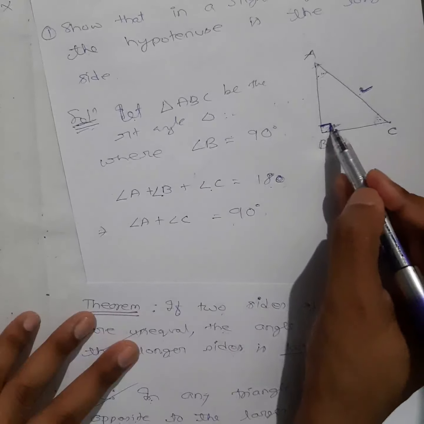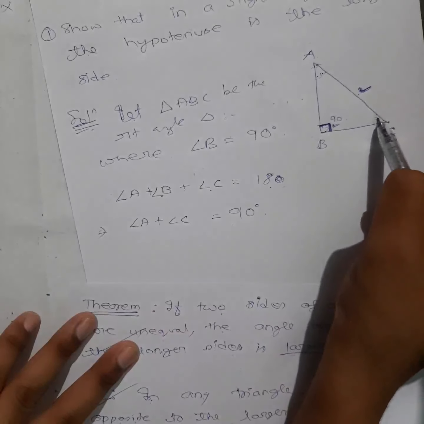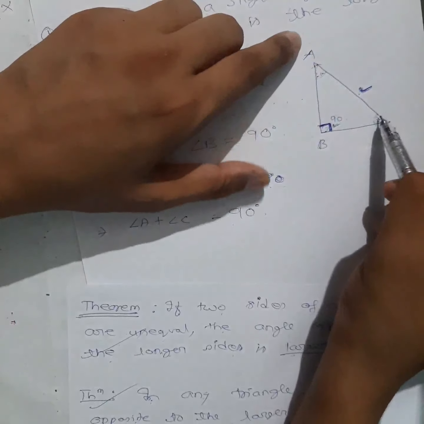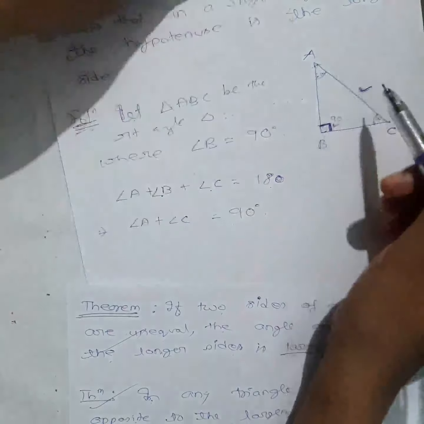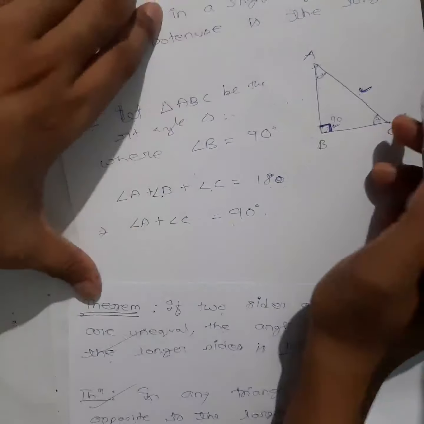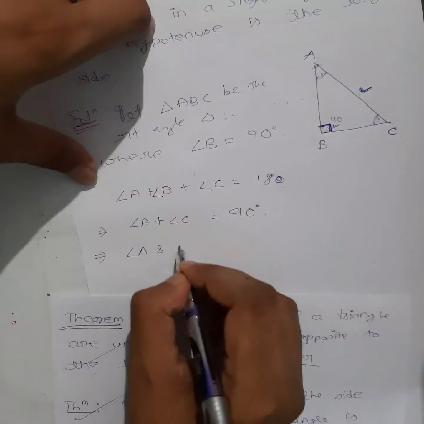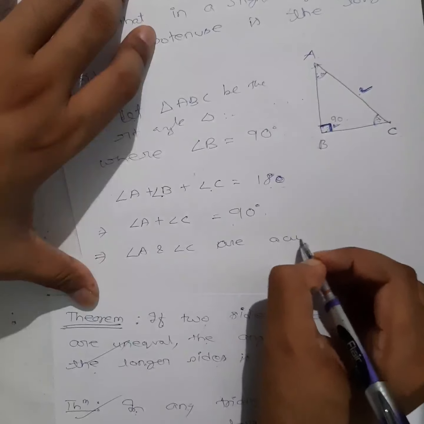That's for sure, because this is 90 degrees. We also got that A plus B must be 90, so this angle must be less than 90 and this one also, meaning acute angles. So I can write: which implies angle A and angle C are acute angles.